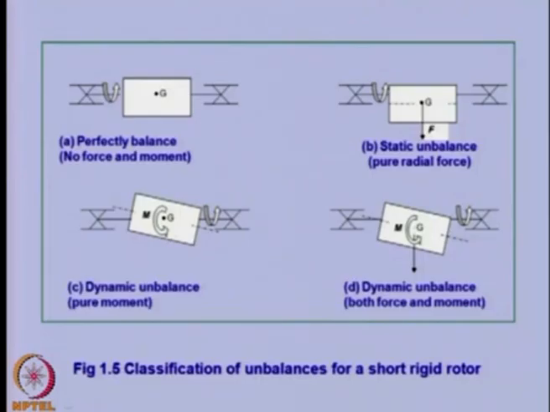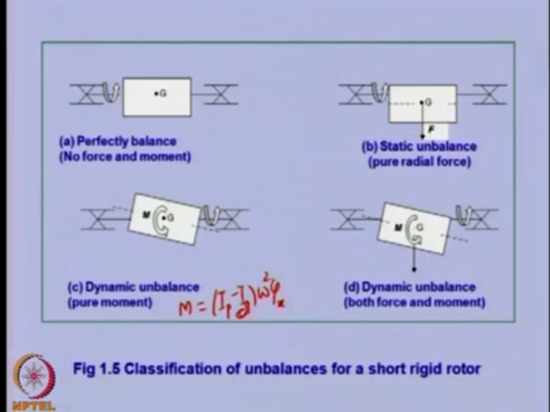The second one is the long rotor tilted by some amount, and because of this a couple acts, and the magnitude of this couple can be given as, where this is the angle of the tilt of the rotor, omega is the spin speed, IP is the polar mass moment of inertia, and ID is the diametral mass moment of inertia.